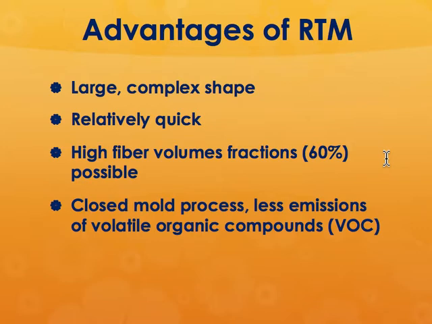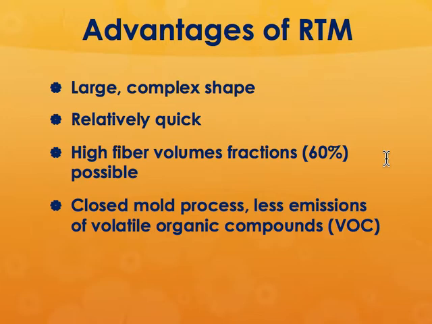In the case of resin transfer molding, you are using a two-sided mold. It can be used for large complex shapes. It is relatively quick and you can have high fiber volume fractions. Just to reiterate, polymer matrix composites have typical fiber volume fractions of about 60 to 65%, and ceramic matrix composites have typical fiber volume fractions of about 40 to 45%.